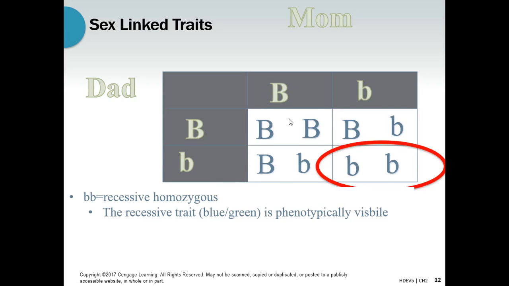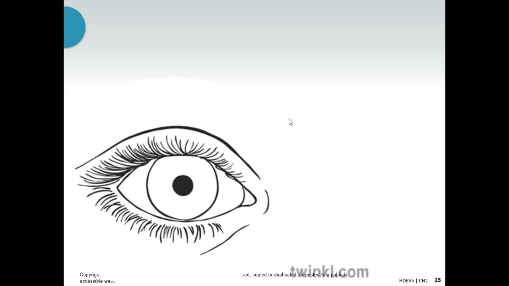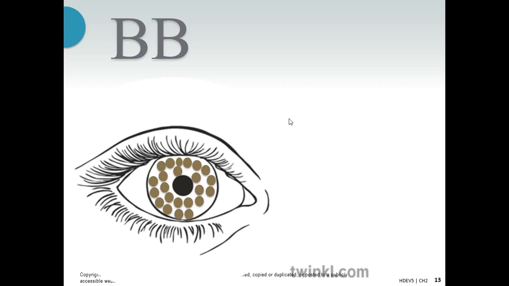Now, sometimes people wonder, how does one trait cover the other one? And usually it's not that complicated. So if we look at eyes, for example, if you have two dominant alleles, what happens is that first capital B, that first dominant trait, let's say you get that from mom, it tells the eye to make a lot of pigment. And so your eye makes a lot of pigment.